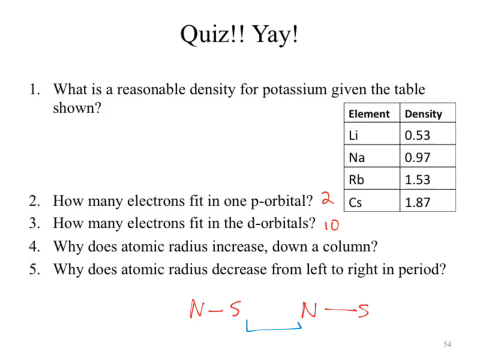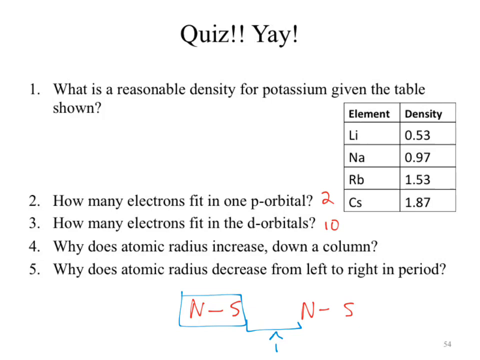If I put another north and south end of a magnet, am I going to have the same attractive force? Assuming it's the same type of magnet. Yeah. What happens if I now take this magnet and I make it stronger? Does the force change? Yes. That's why our radius decreases.